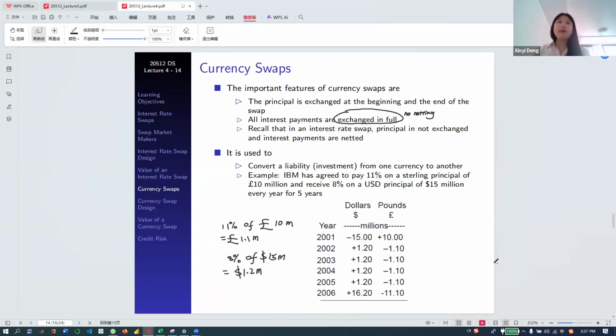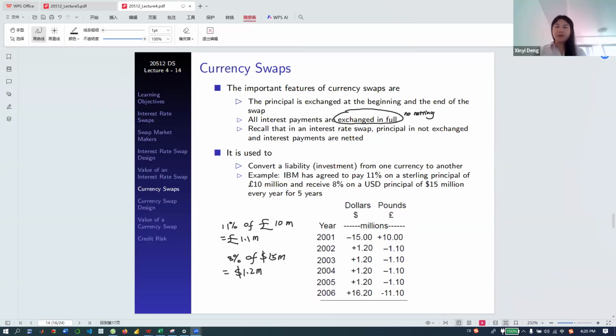Now, onto currency swaps. So for currency swaps, basically we are trying to exchange, no longer the rates on different types of loans.